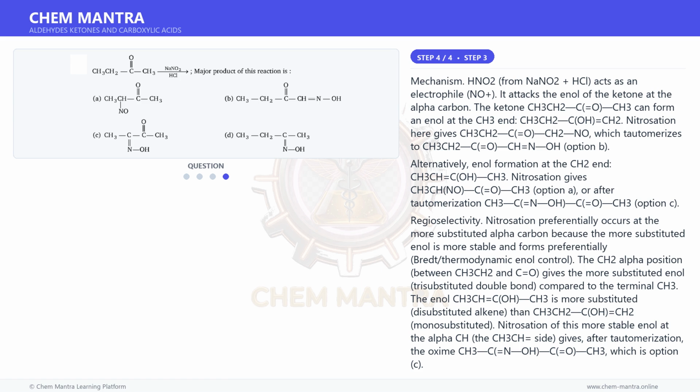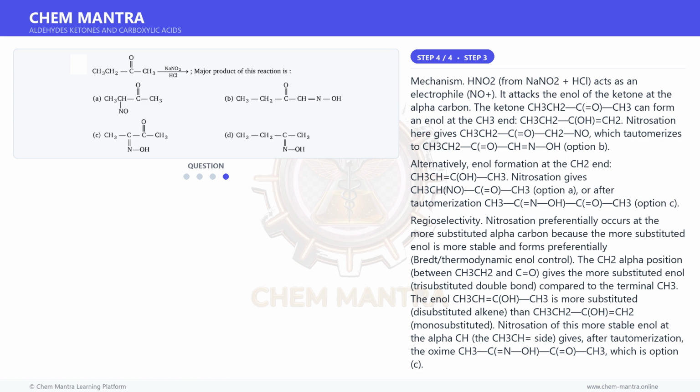The enol CH3CH=C(OH)CH3 is a more substituted, disubstituted alkene than CH3CH2C(OH)=CH2, monosubstituted. Nitrosation of this more stable enol at the alpha CH, the CH3CH= side, gives, after tautomerization, the oxime CH3C(=NOH)C=O CH3, which is option C.